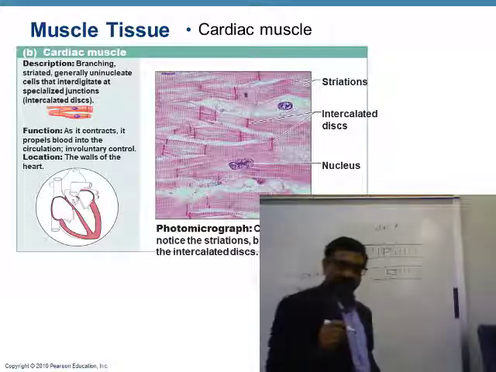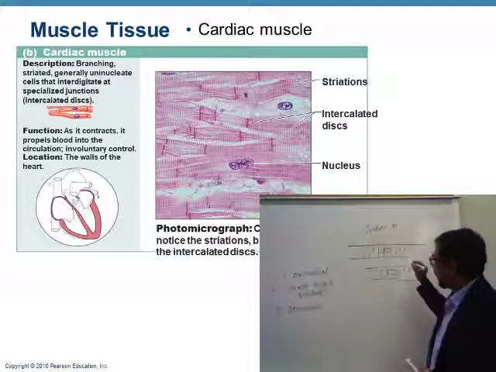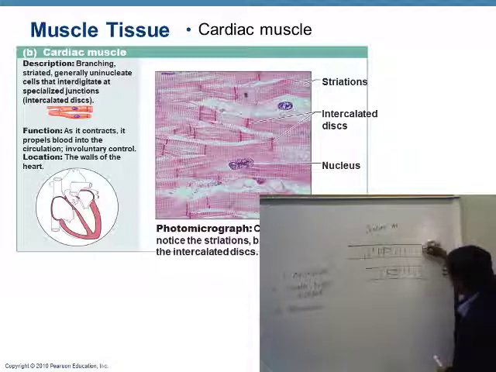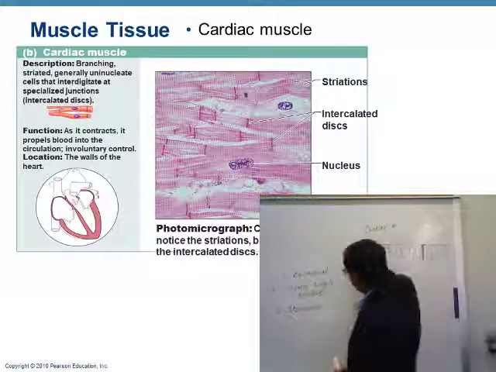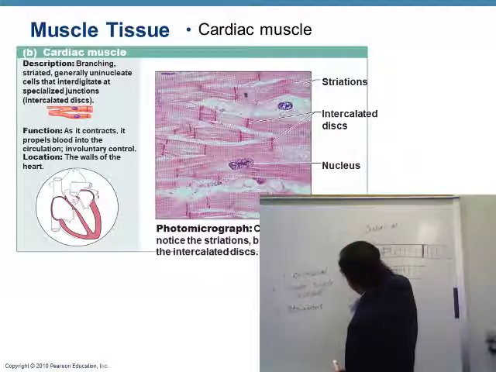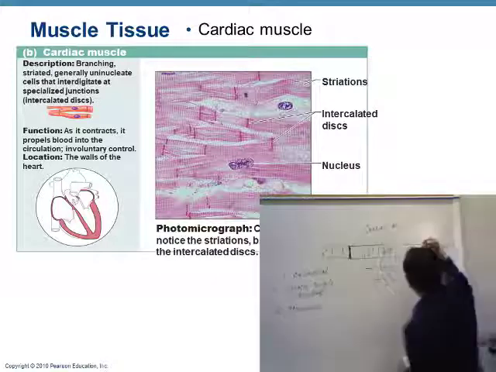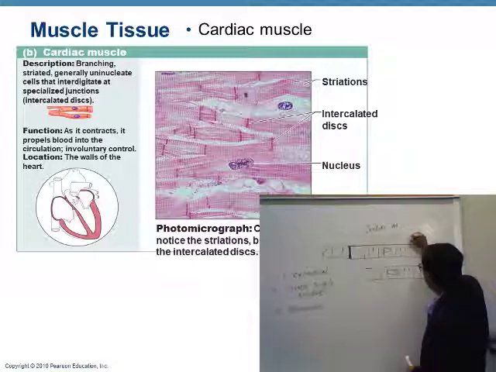Most important is in the cardiac muscle tissue, you will see thick bands like this that connect one muscle fiber to another. So this thick band like this, that is called intercalated disc. That is very important.